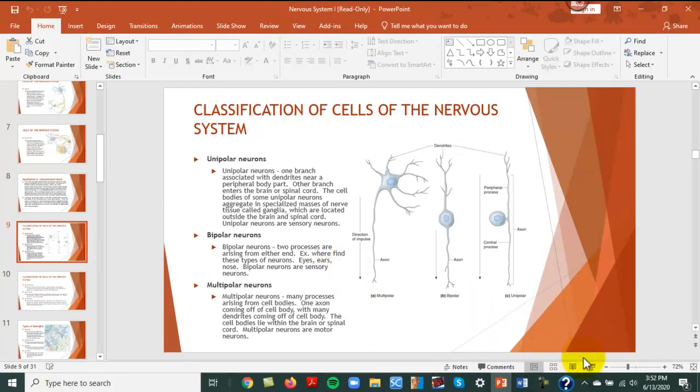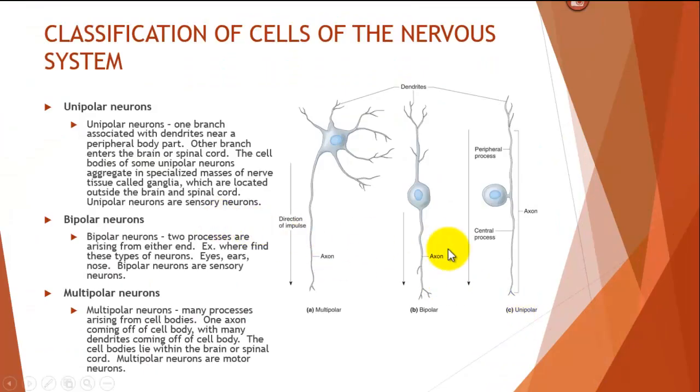So the next category, which is associated with the senses, the eyes, ears, sense of smell, are bipolar neurons. See the cell body, it has two extensions coming off it, hence the term bipolar. Like it says here, eyes, ears, and nose.